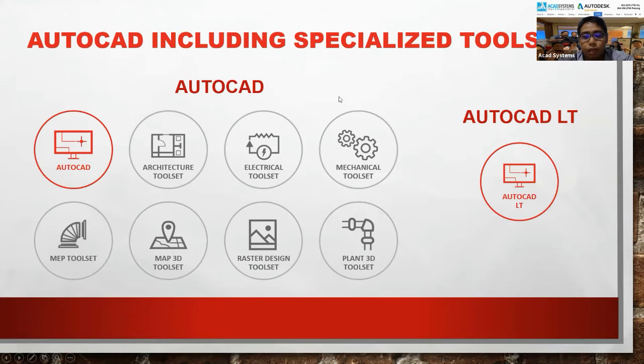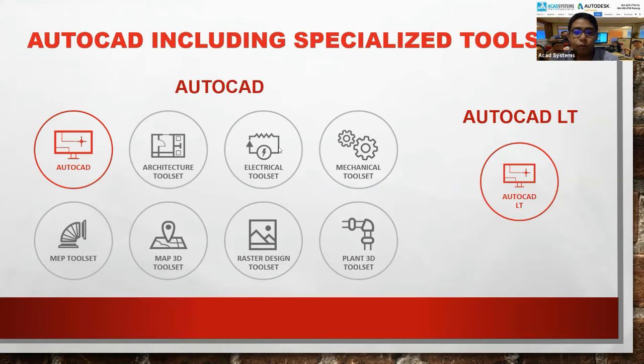If you buy the normal AutoCAD, not only do you get the normal AutoCAD, you also get AutoCAD Architecture, AutoCAD Electrical, AutoCAD Mechanical, AutoCAD MEP, Map 3D, AutoCAD Raster Design, and also Plant 3D. These are bundled together inside of normal AutoCAD, so you have 7 additional toolsets besides just normal AutoCAD. This will save you a lot of time.